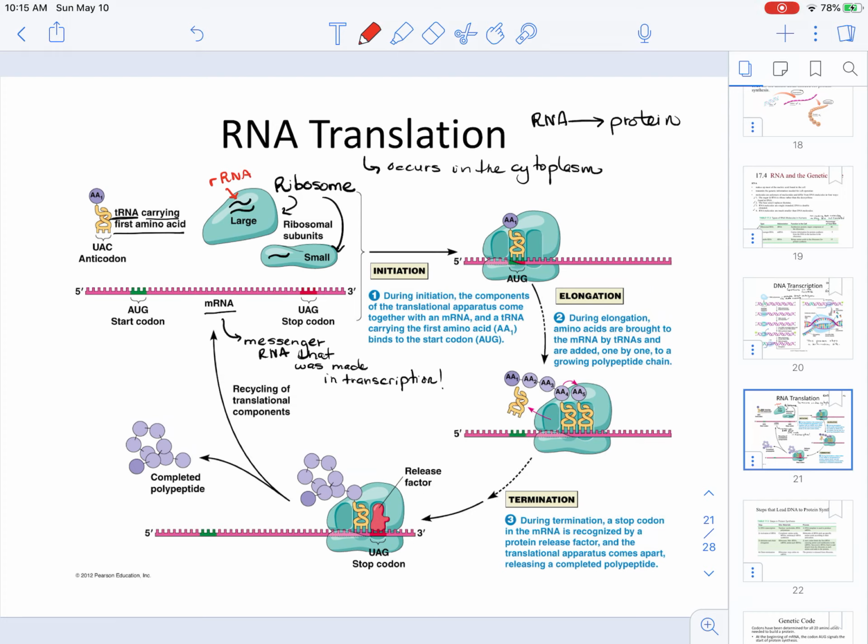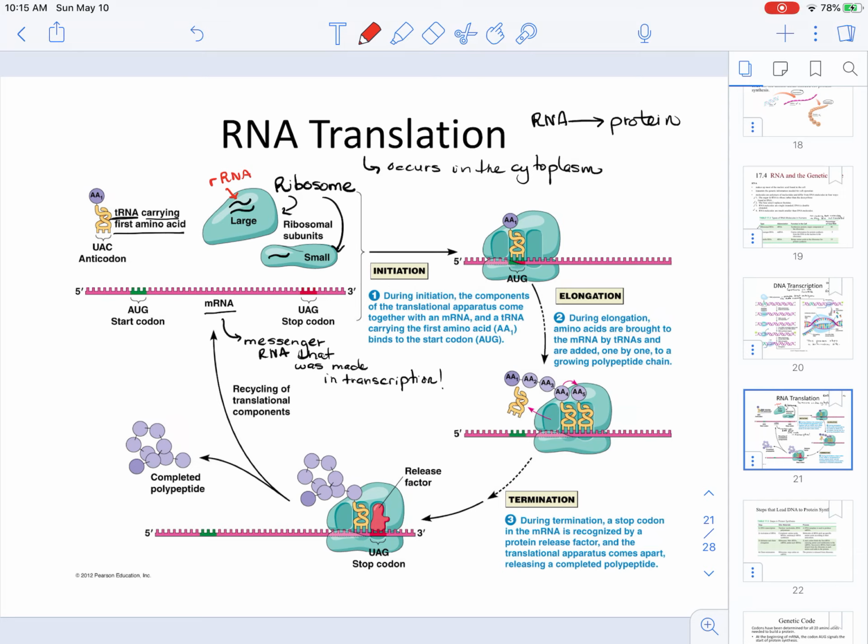On the first step, we call it the initiation step. So during the initiation, understand that the components for translation are going to come together and bind at the mRNA.